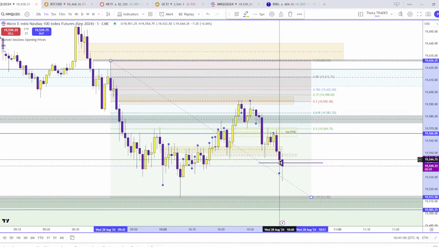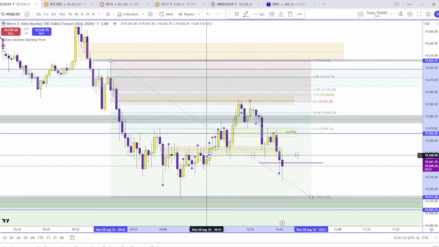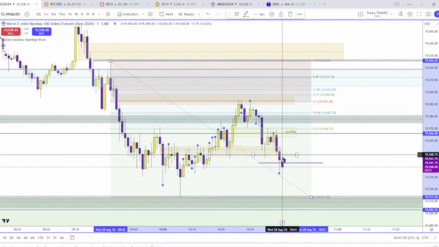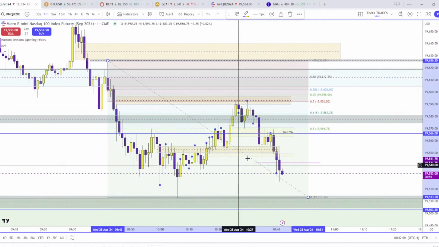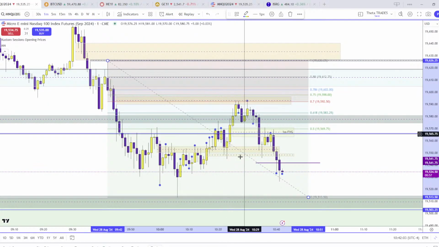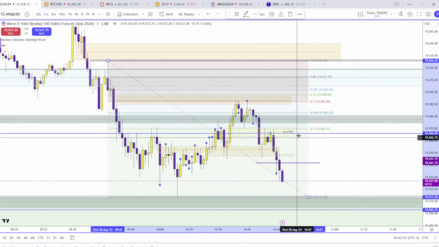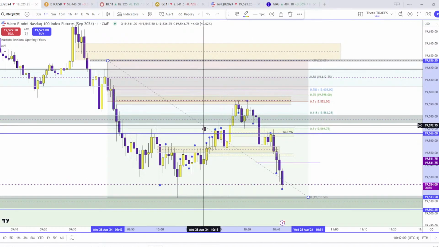See how that, the level, the key silver bullet level we were looking for, it traded through it, came back inside, perfectly filled it again, and now we're continuing lower. So even though you're on the wrong side of this, you still collected using that fib technique.